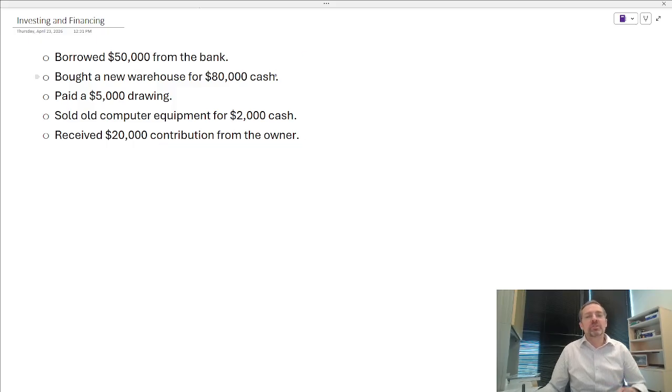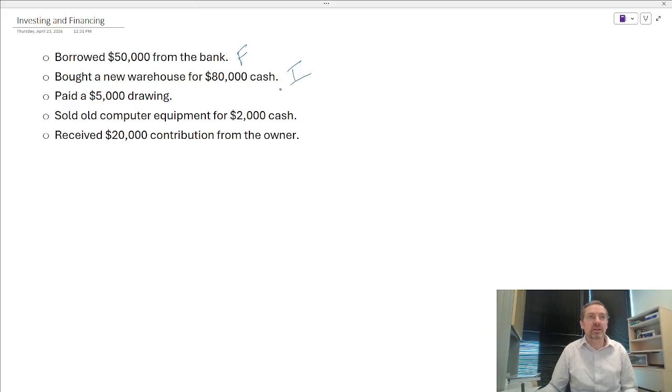First thing that we're going to do is classify all of these as either investing or financing. All right, borrowed $50,000 from the bank. That has to do with our financing section. So let's put that in there. Bought a new warehouse for $80,000 cash. That's an investing. Again, who are we investing in?